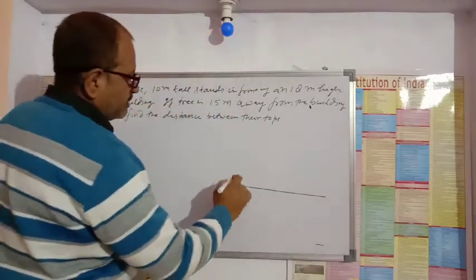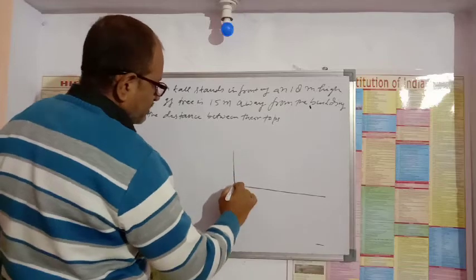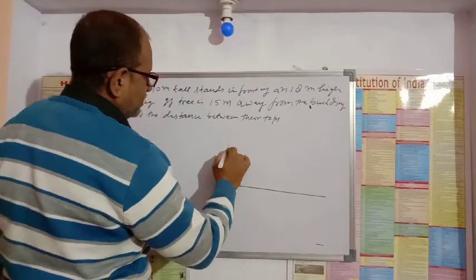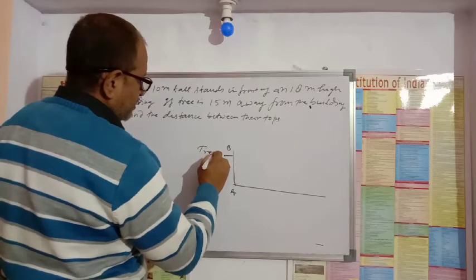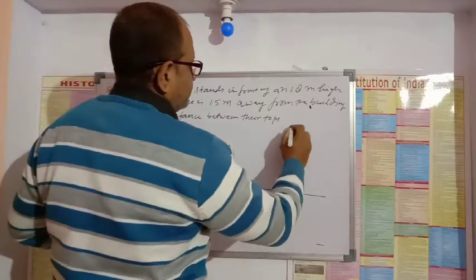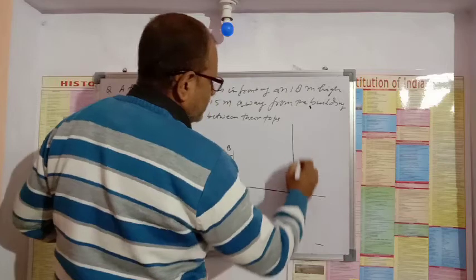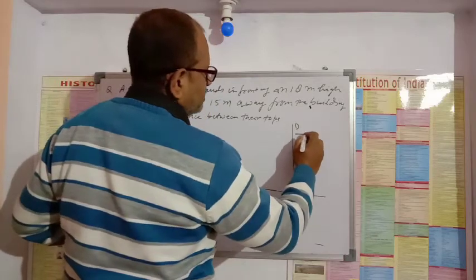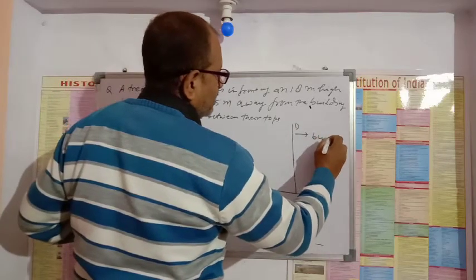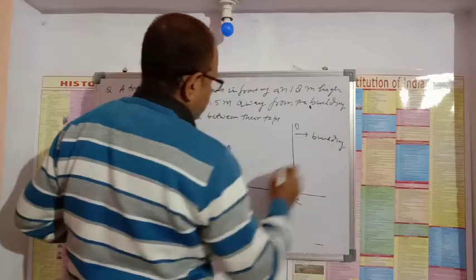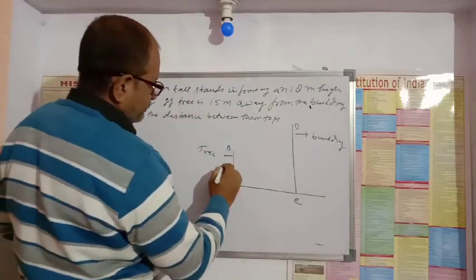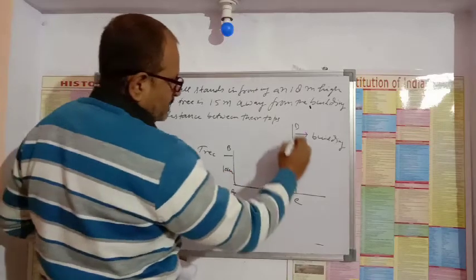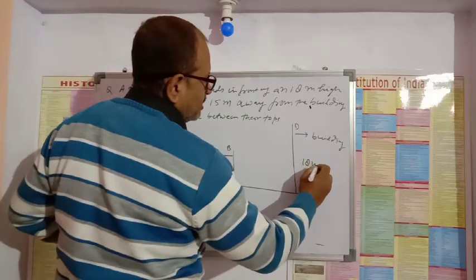This is the ground. Suppose AB is the tree. And CD is the building, a high building. How much is AB? AB is 10 meter. CD is 18 meter.